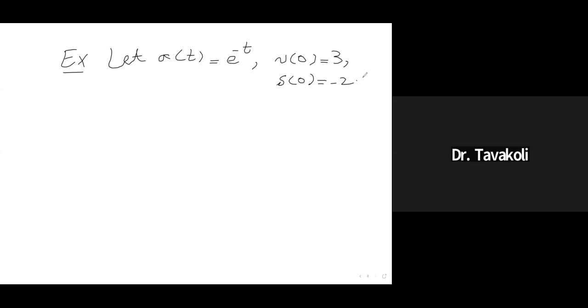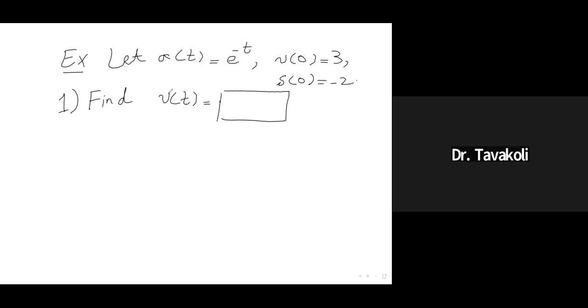So the equation of a of t is given. v at 0 is 3, and s at 0 is negative 2. Part 1, find v of t. Please give yourself some time and try to obtain the equation for v of t.